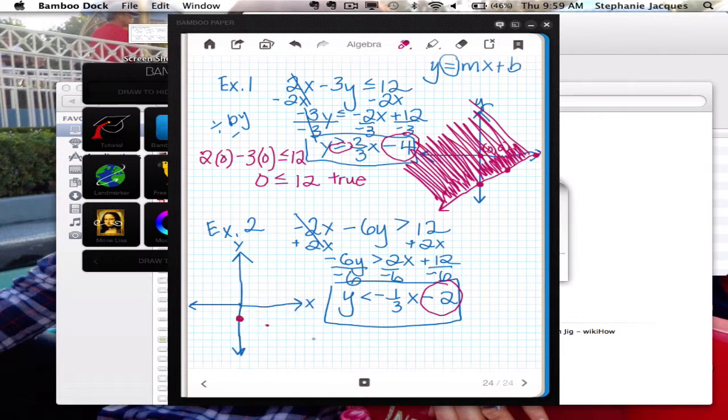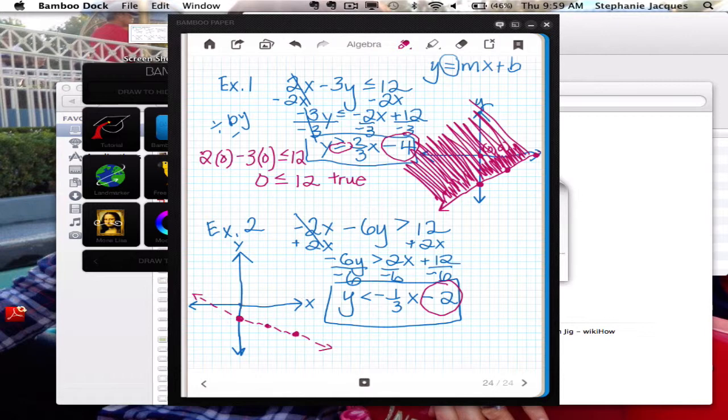Then I'm going to go again, drop 1 over 3. And this one doesn't have a line under it, so that means I'm going to do a dotted line. So I just go like this because it's not going to include all those points on that line. So it looks like that. I'm sorry, it's not quite straight.